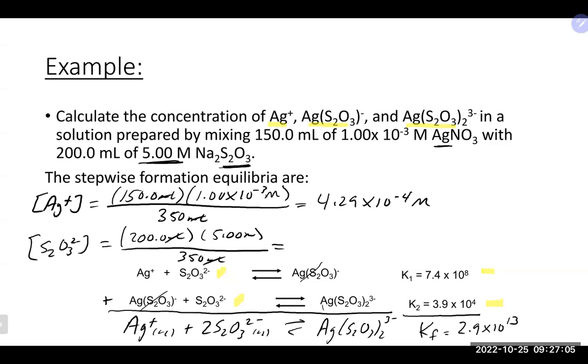Milliliters will cancel, giving us 200 times 5 divided by 350. Going to give us a 2.86 molar as our concentration of our ligand.